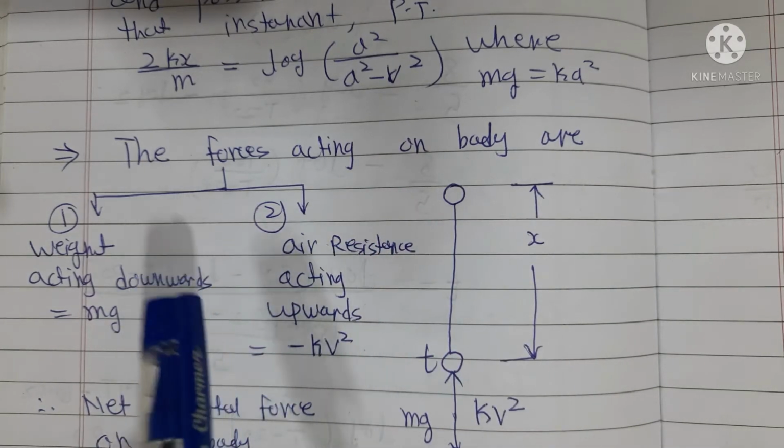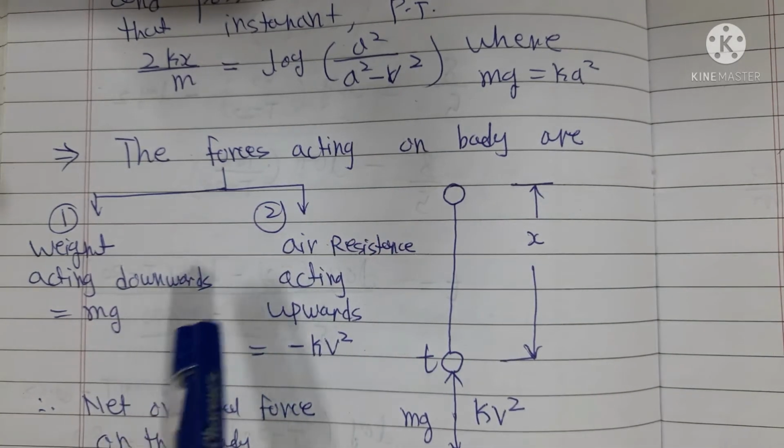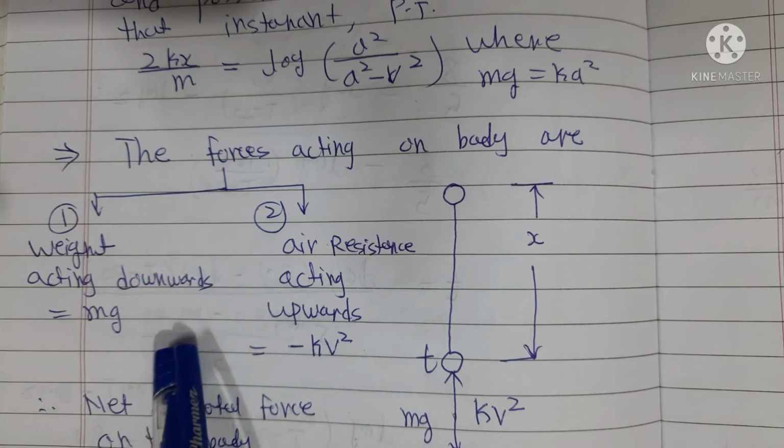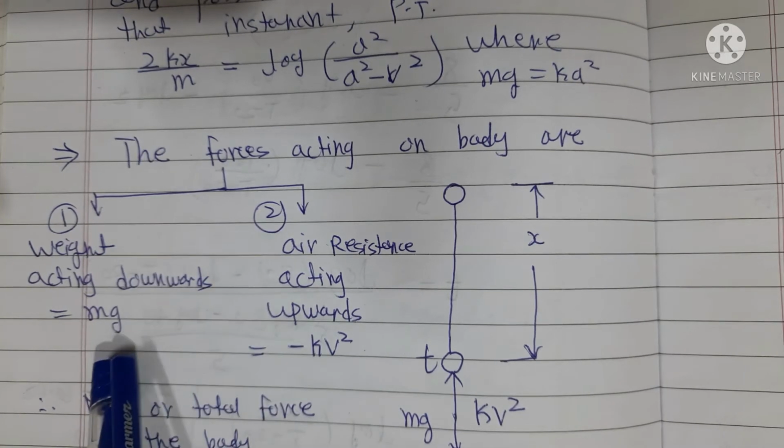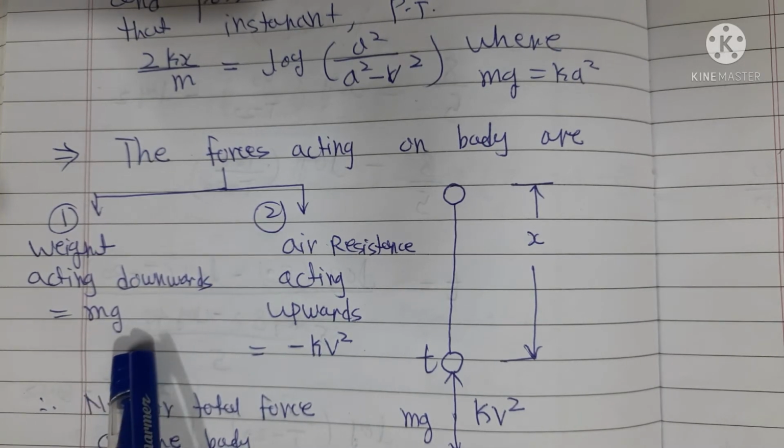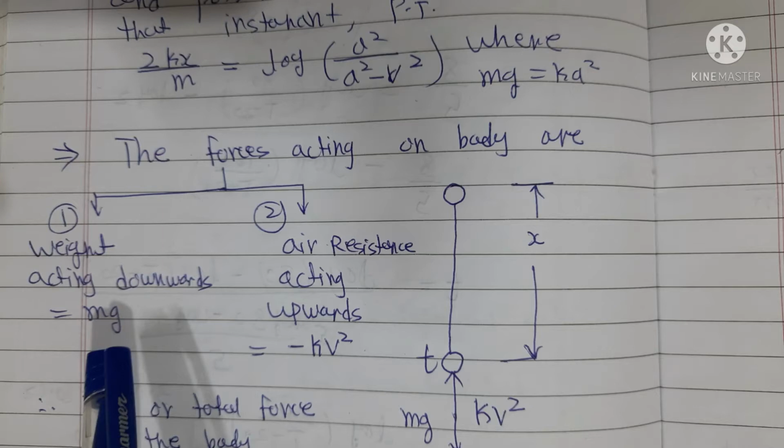But in this problem it is not necessary to substitute the value of g. Therefore only consider the weight acting downward, that is the mass into gravity g. That is the weight of that body.